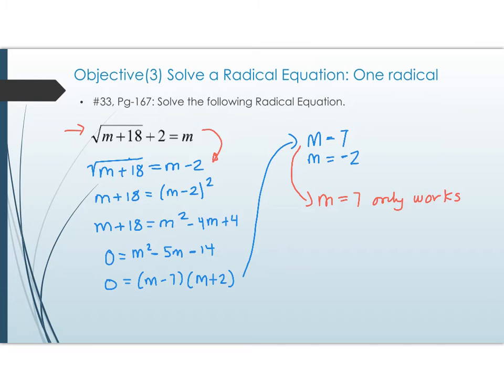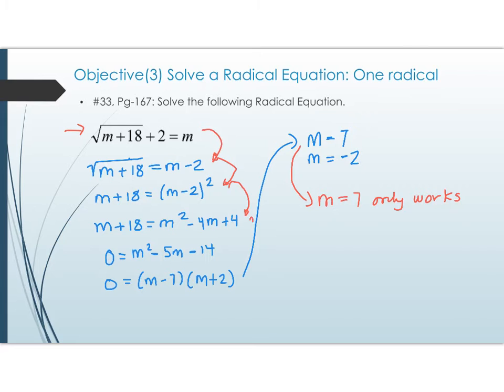Now, we're going to square both sides of the equation. When we square both sides, we get m plus 18 is equal to the square of m minus 2. And now we're going to expand the square on the right side of the equation, so we get m plus 18 is equal to m squared minus 4m plus 4.